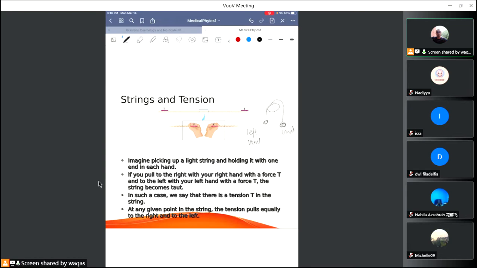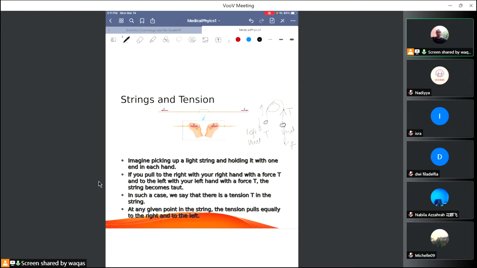If I apply a force in this direction, then there is a tension in the opposite direction. Here you see that the force is applied in this direction, then the tension is in this direction.